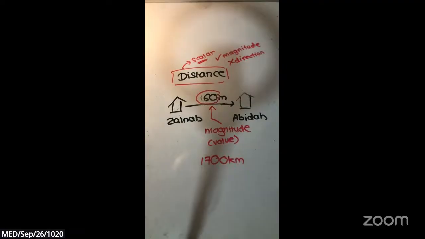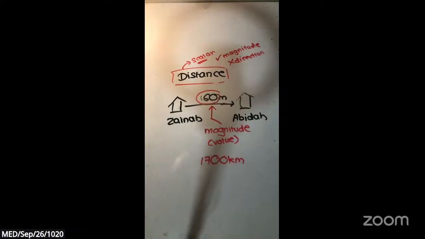Another example is mass, your mass, right? Let's say you are 40 kilo, maybe 50 kilo or something. That is also a scalar quantity. The word scalar might sound like a big word.